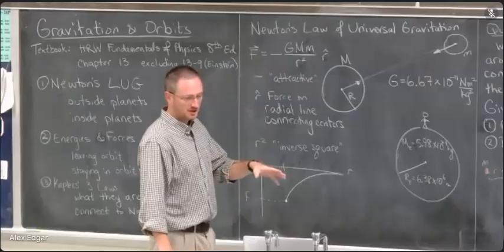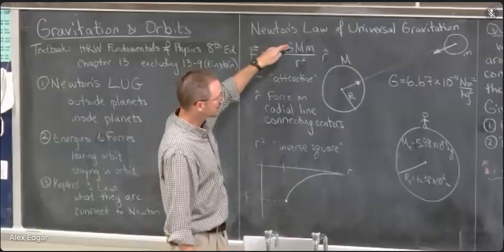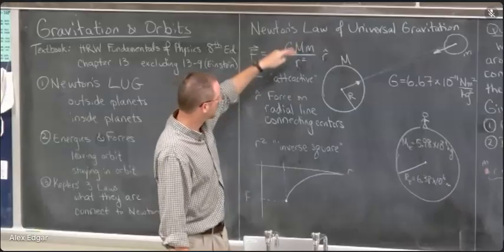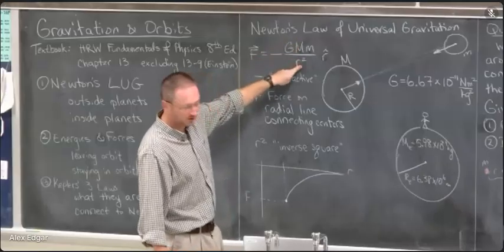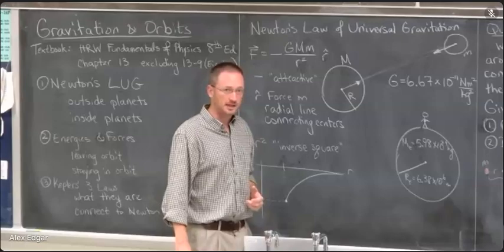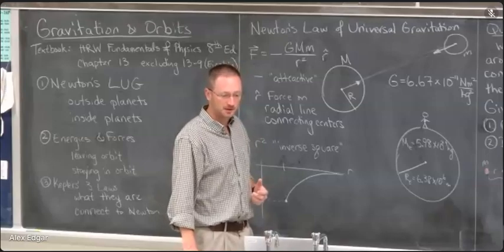If you were to plug those into your calculator and do 6.67 times 10 to the minus 11th, 5.98 times 10 to the 24th, divide by 6.38 times 10 to the 6th squared, you would end up with a value of approximately 9.8. And that would be 9.8 meters per second squared.